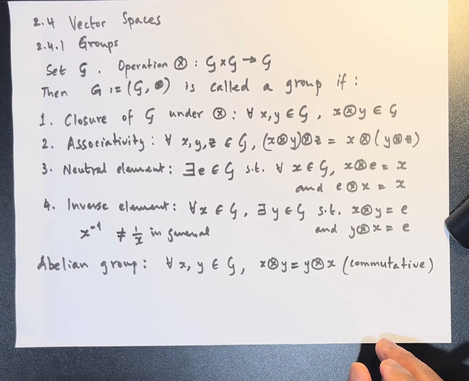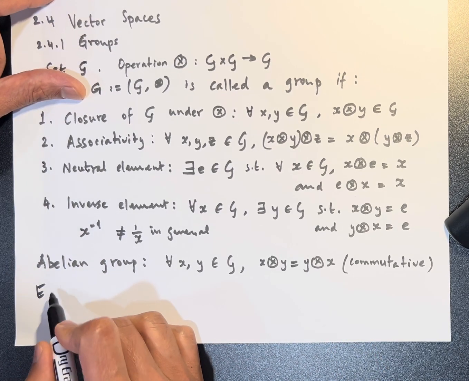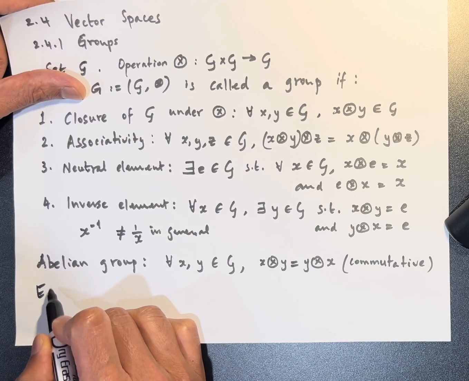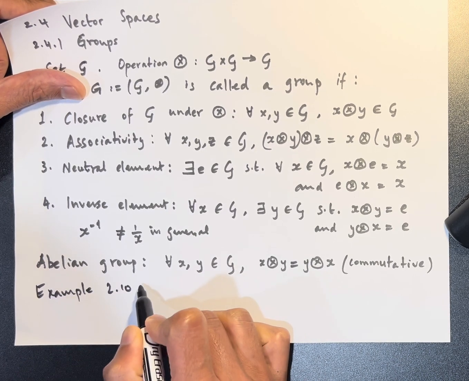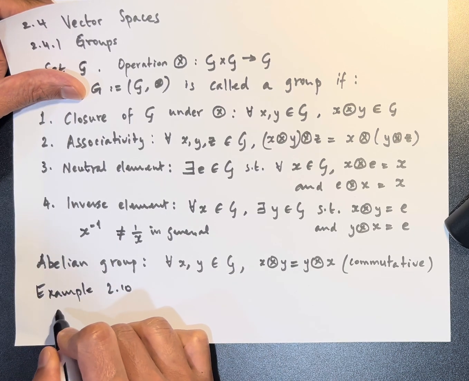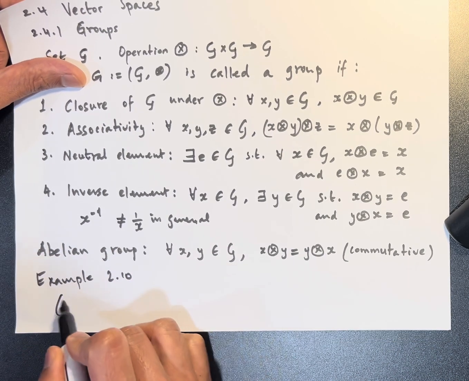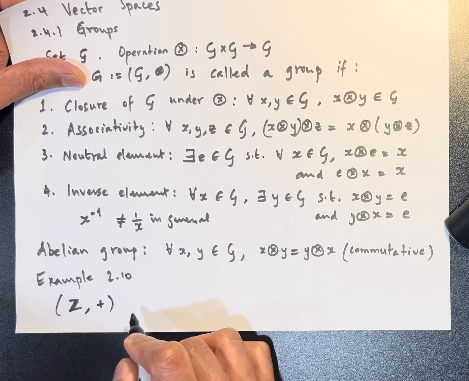Now we'll look at some examples. This is example 2.10 for groups. Some examples: we have Z, the set of all integers, with addition.